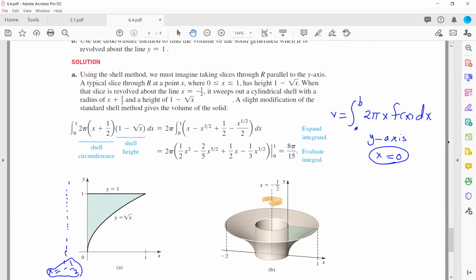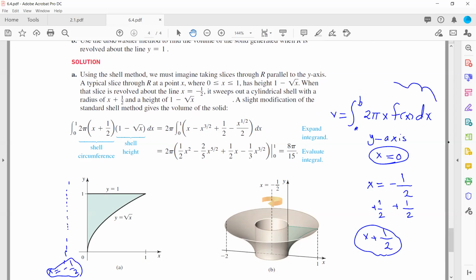Now you are shifting this a half a unit to the left-hand side. So x is equal to 0, x is now equal to negative a half. By adding a half to both sides, you can make the shift to the line x equals 0. X plus a half is replaced in the formula.